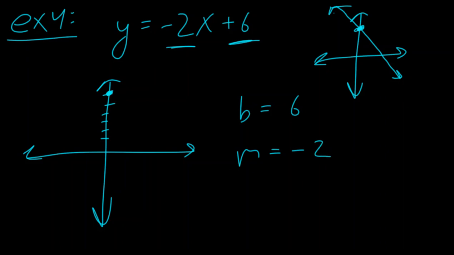And remember, to write it as a fraction, it should really be negative 2 over 1. Perfect. And of course, putting this into words, we know this will go down 2 and right 1. So here I go down 2, right 1, down 2, right 1, down 2, right 1, and of course, we can draw our line through that.